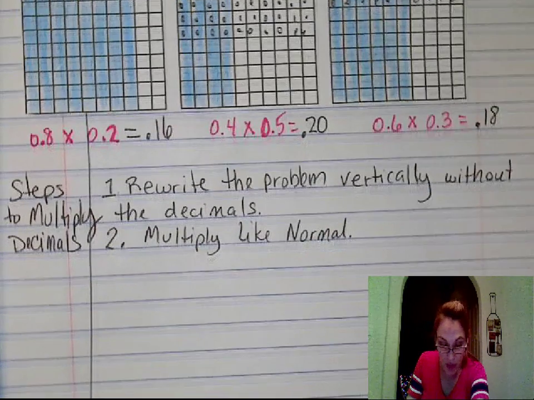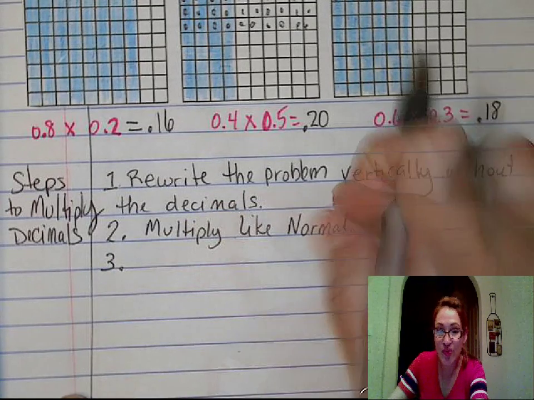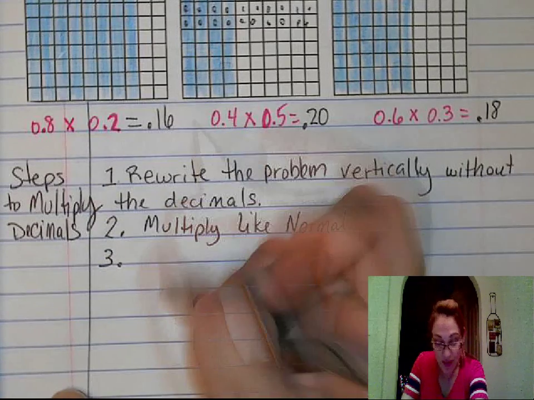And then step 3, so we took out the decimals in step 1, right? So in step 3, you're going to add the decimals in.